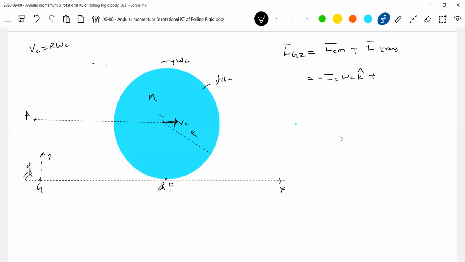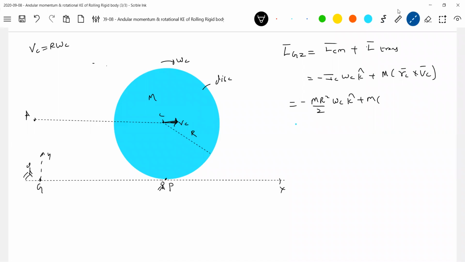This will be m into rc bar cross vc bar. This is minus Ic, which will be m r square by 2, the moment of inertia about an axis passing through center of mass and perpendicular to plane, Icz, and this is omega c. Keep it here.